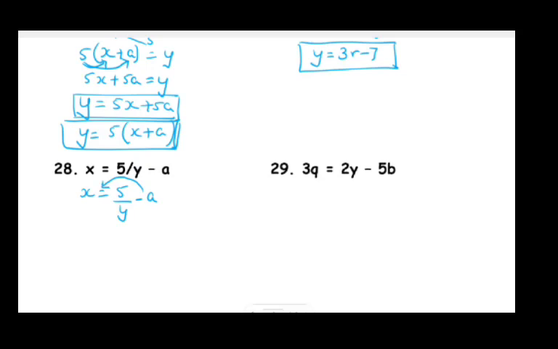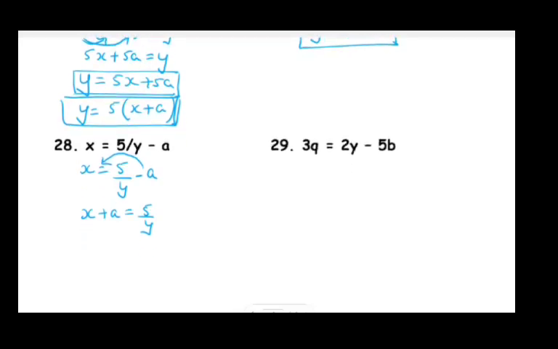Let's shift the minus a to the other side. Becomes plus a, 5 upon y. Okay, now little different. This y moves here, so y bracket x plus a is equal to 5.